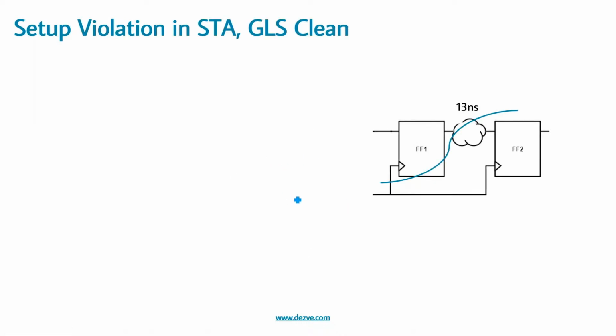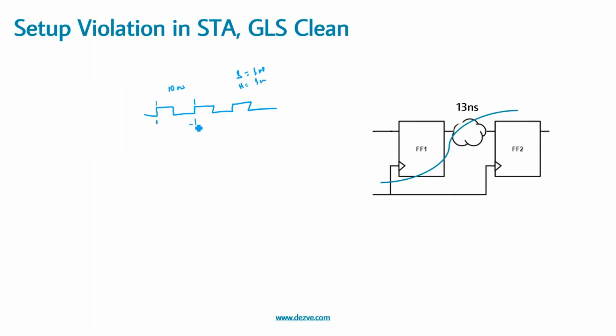So let us assume there is a clock. This clock period is 10, correct? We are saying this is 10, and the launch occurs here. And let us assume the setup and hold for FF2 is: setup is 1ns and hold is 1ns, correct?